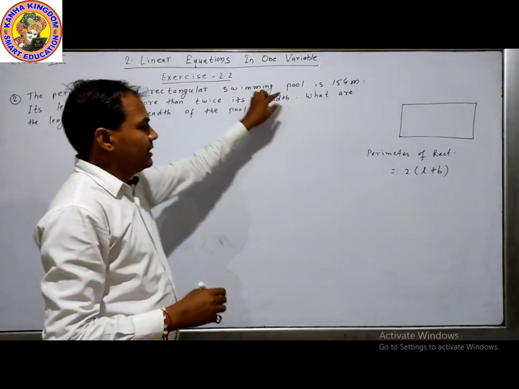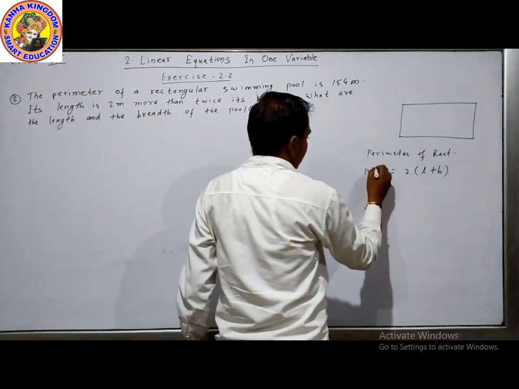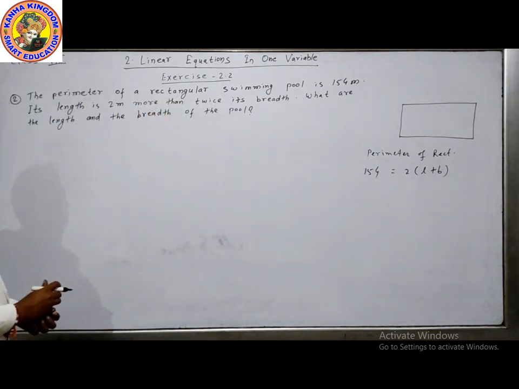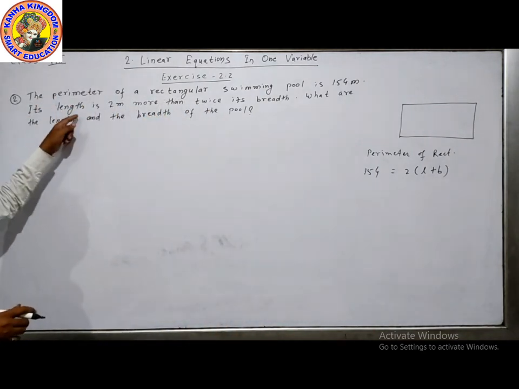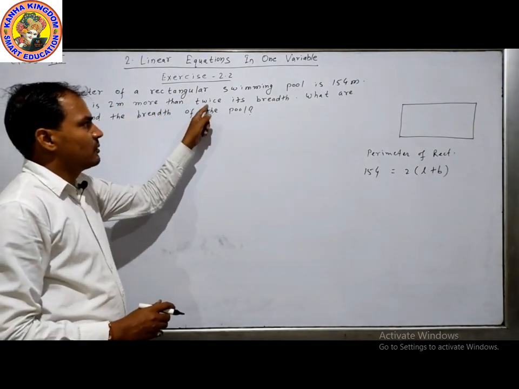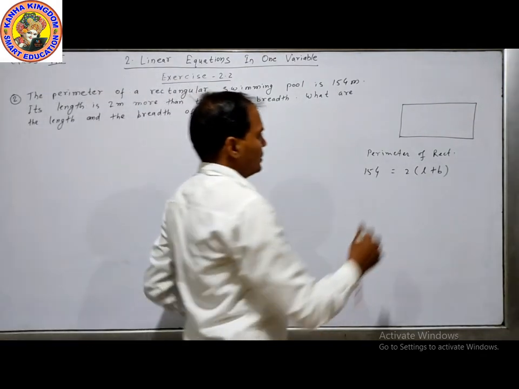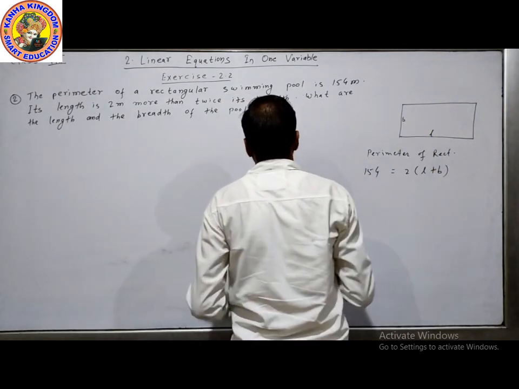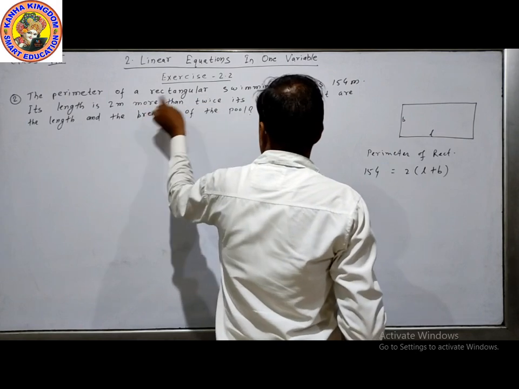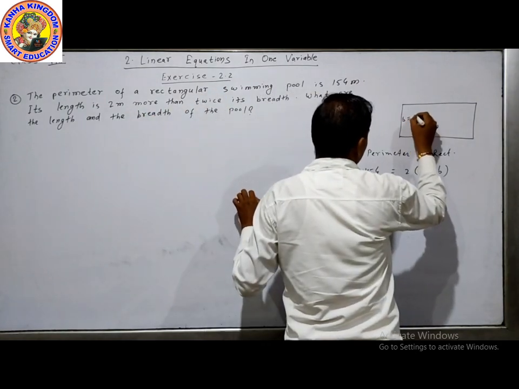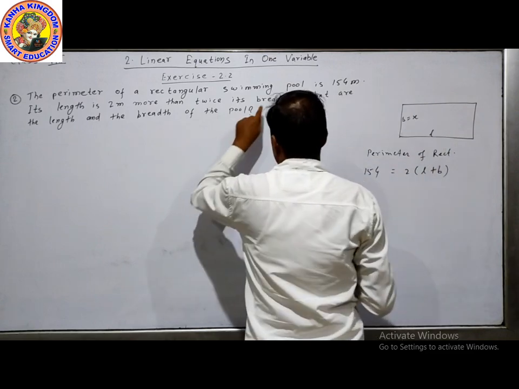The perimeter is given in the question as 154 meters. Its length is 2 meters more than twice its breadth. This is our length and this is our breadth. Let us assume the breadth is x.